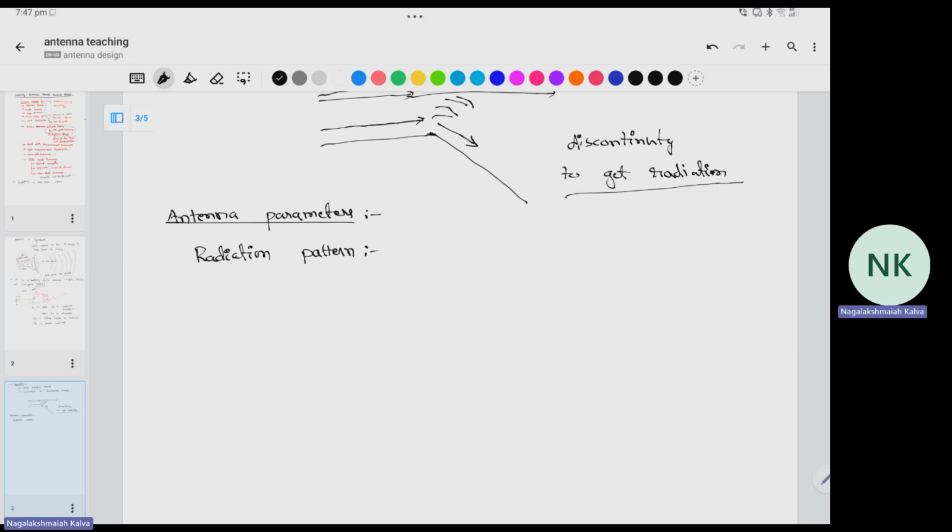So what is a radiation pattern? It's a graphical representation of power or electric field intensity variation at a constant distance from the antenna.